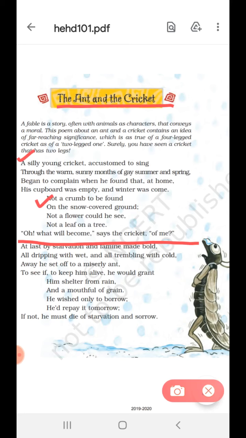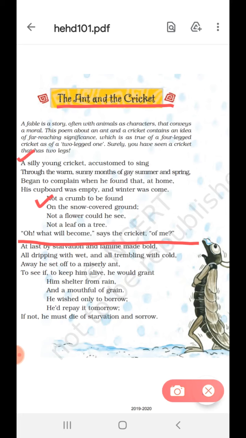There were no plants, no leaves or no flowers in sight. Therefore, the animals find it hard to find any food at such a time. That means during the winter it is very difficult to collect or gather any food. Clear?